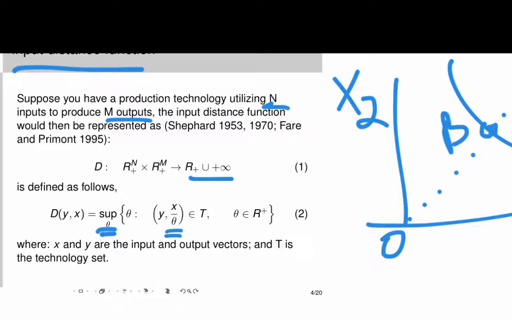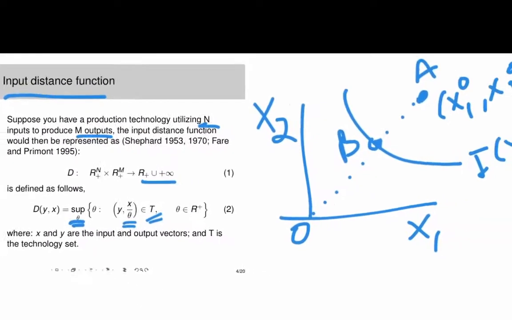So we are looking for a factor theta, the maximum factor theta, that we could deflate our input vector by and still be able to produce y, which means y and the deflated vector are still within the technology set. And that number is our distance function value.